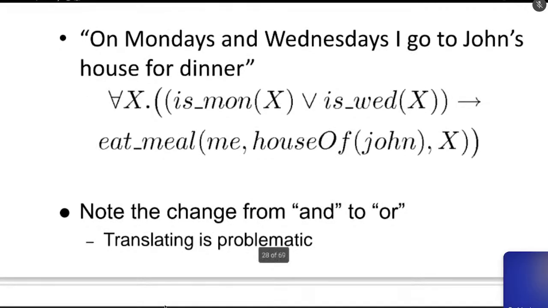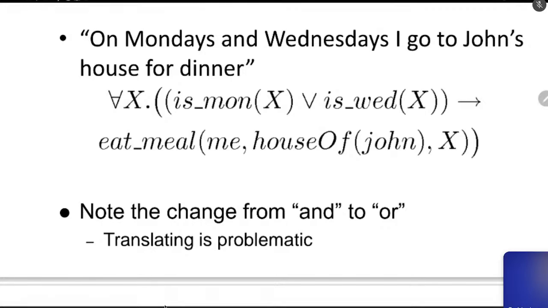Okay, they wrote for all X. Is Monday X? So X is some form of a day. So we are checking if the day is Monday or Wednesday. So if it is Monday or if it is Wednesday, then it implies that I will go to John's house for dinner, no? So for dinner, eat meal, or you could say eat dinner or whatever. So they wrote me, house of John, and X is a day.